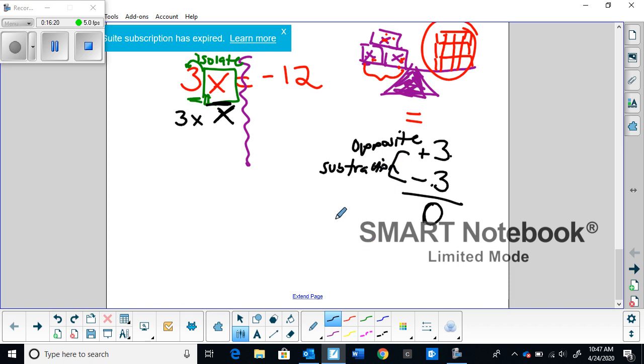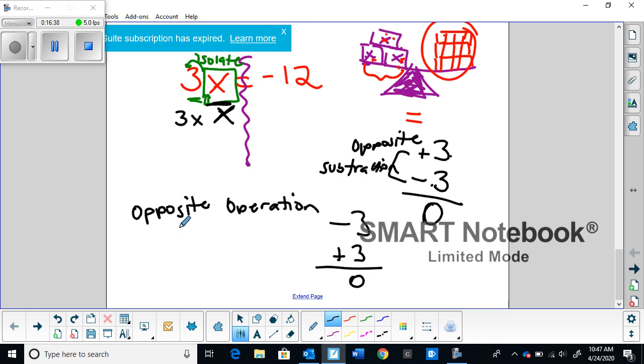Now, the same thing goes for subtraction. If I have minus 3, I'm missing 3, I have to add 3 to get 0. So I'm using the opposite operation. That is going to be this method, the opposite operation method, and that's the method we use this whole chapter. So this one's very important.